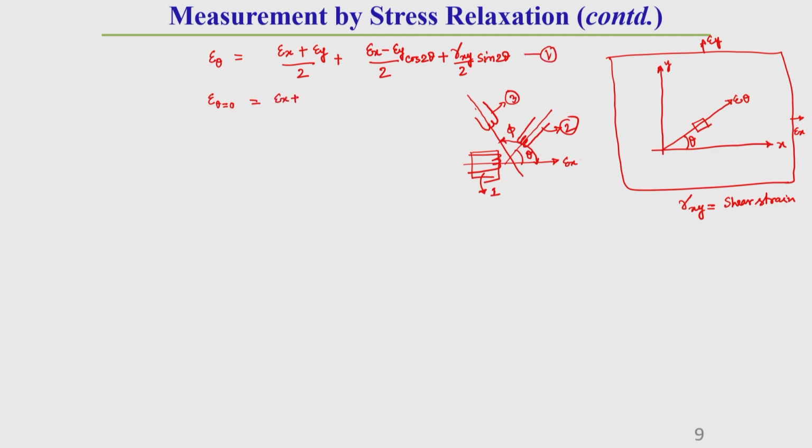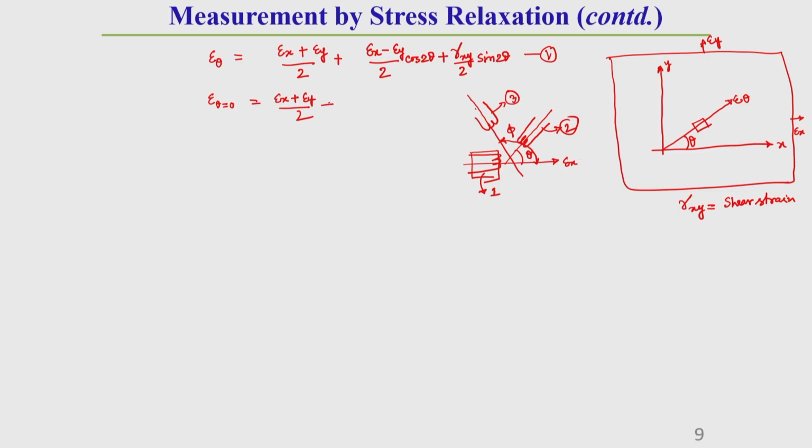This equation 1 is very well known to you, you can derive it actually, it is very simple, I am not going into details here. So here this is epsilon x minus epsilon by 2 cos 2 theta, as theta is 0, so this will be 1 plus 0. You can see epsilon x is coming. So this strain gauge 1 will give you epsilon x.